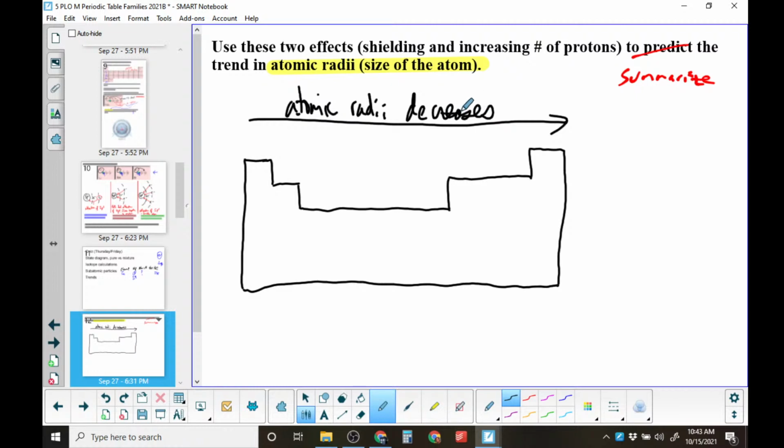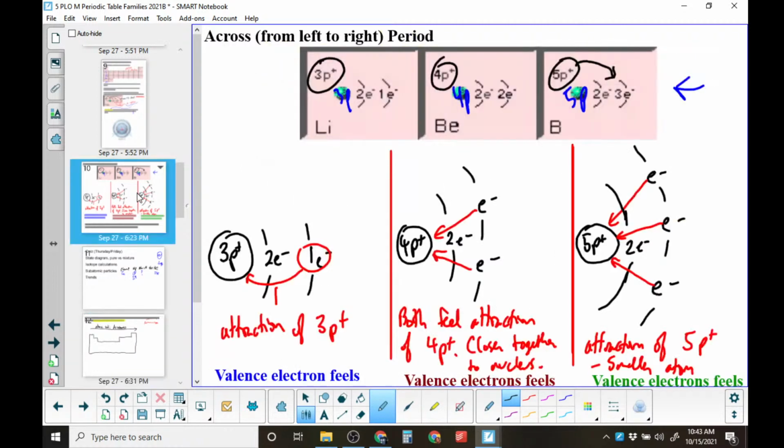It decreases. And why does it decrease, Jonathan? What is happening to the amount of positive charge as you go across? And what is happening to the attraction on the electrons as that increases? Increasing a positive charge towards a negative charge, the attraction would increase. Remember our example when we stood up in the front of the class and you had more and more protons?